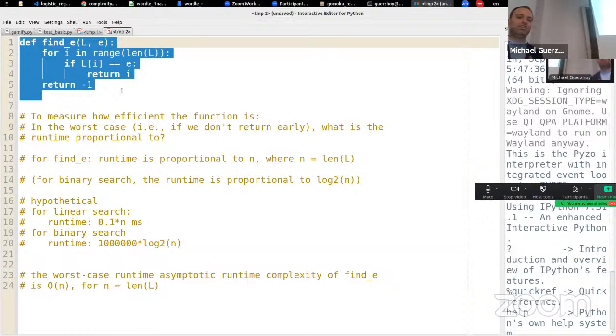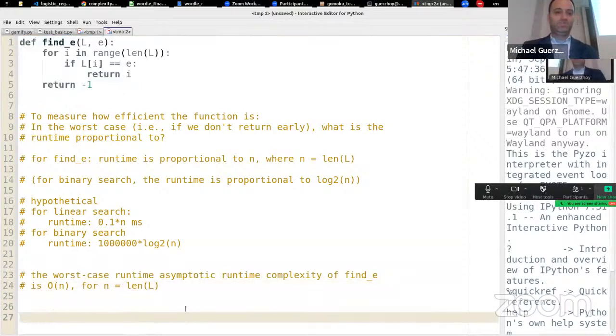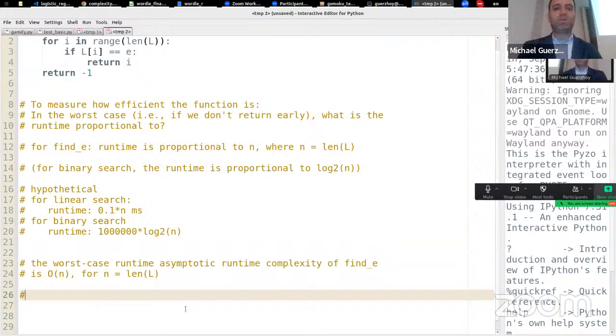Five minutes: rigorous definition of O of n. I'm going to use the standard notation, and I'm going to translate it to what you've seen in calculus in a second.